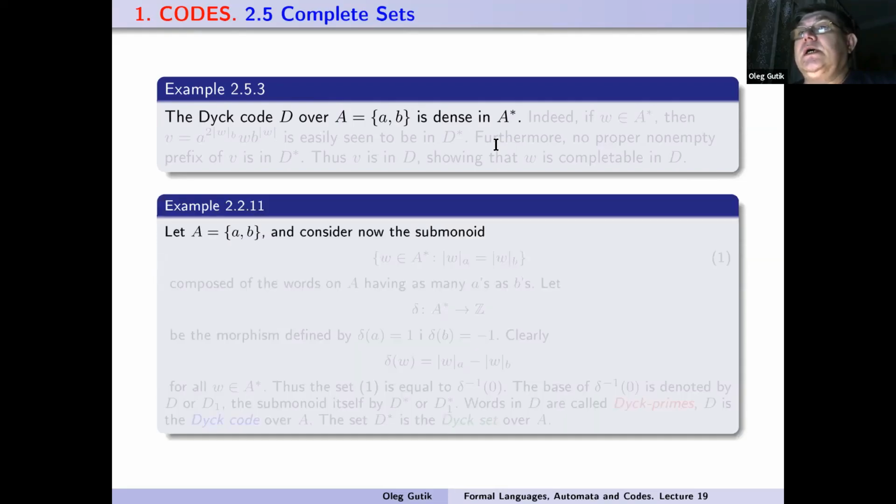So what is the code here? We can see the monoid composed of the words on alphabet A having as many a's and b's.